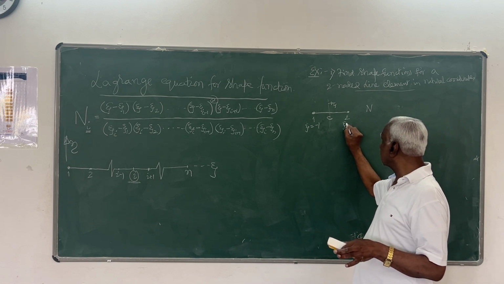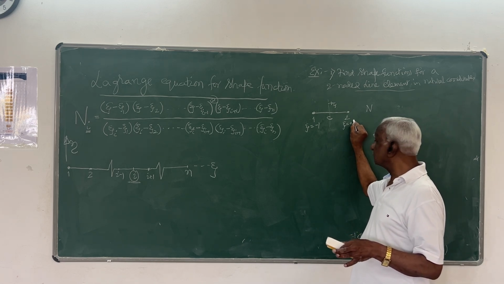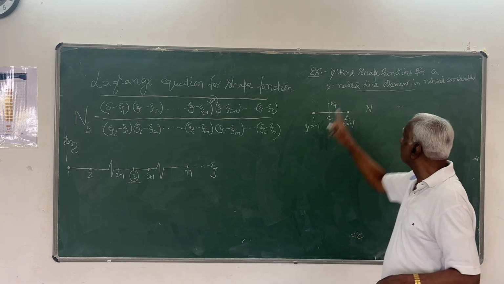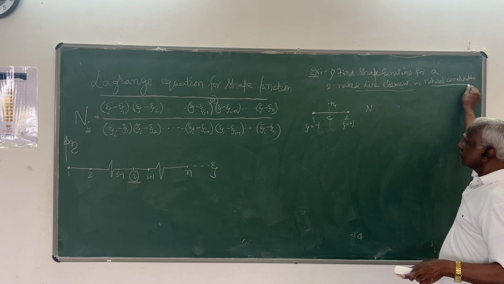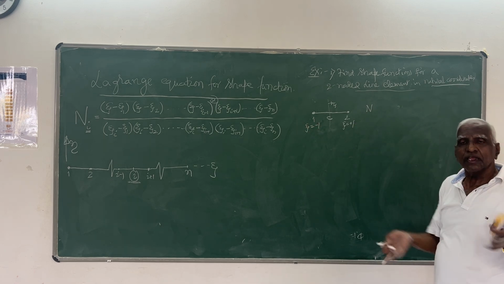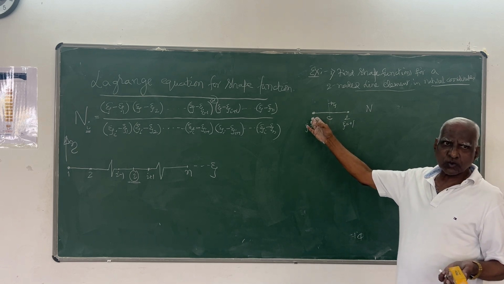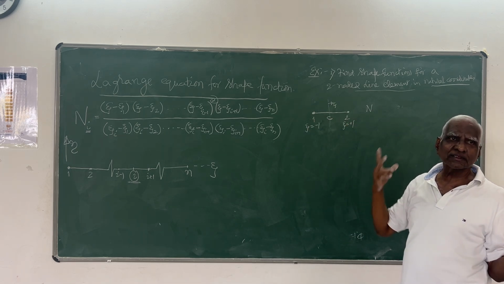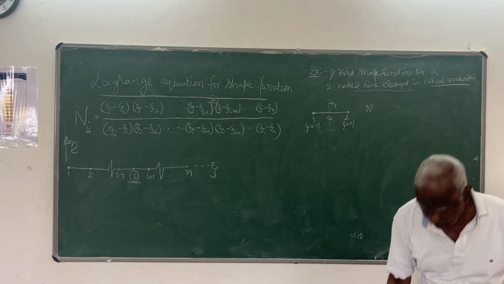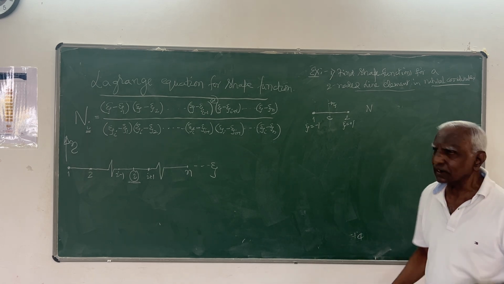Here, psi will be plus 1. Natural coordinate system. Natural coordinate for node 1, psi equals minus 1. If it is global, whatever x coordinate, that you take. That's all. Very simple, straightforward thing. Nothing other than that.